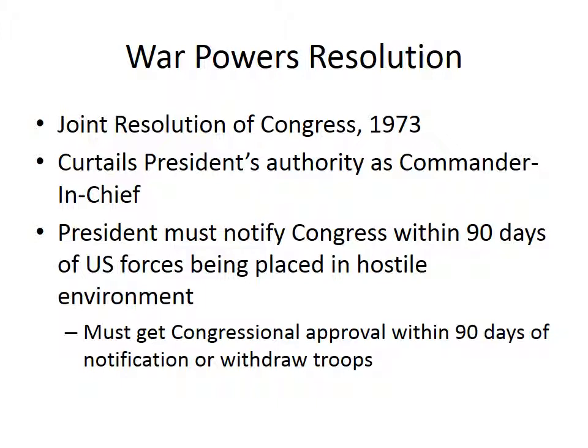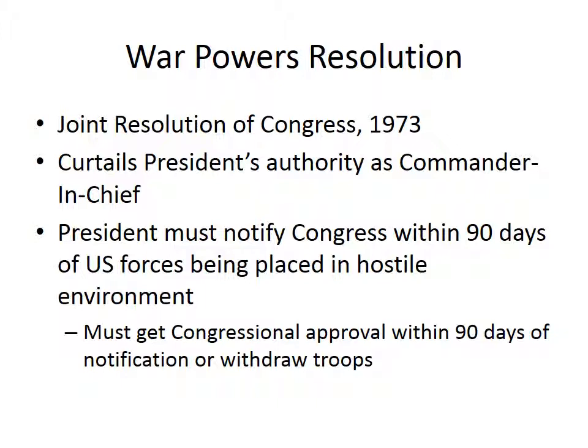First of all, whenever the president intends on placing U.S. troops in harm's way, into a hostile environment, okay, he has to notify Congress. After the notification, the president has 90 days to get congressional approval. After that, he has to begin the withdrawal of U.S. troops, okay? And as I said, the first invocation of this will be in Lebanon.